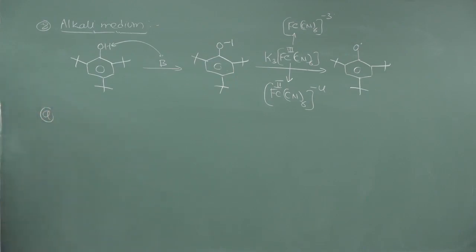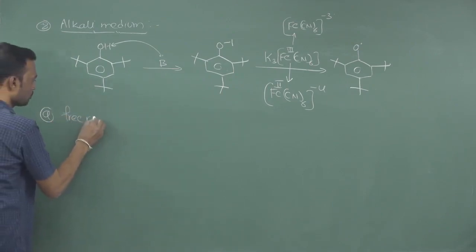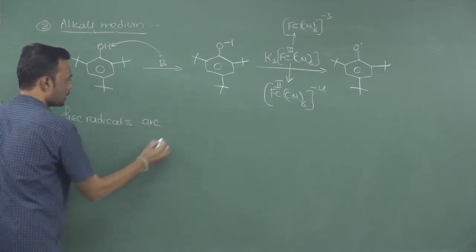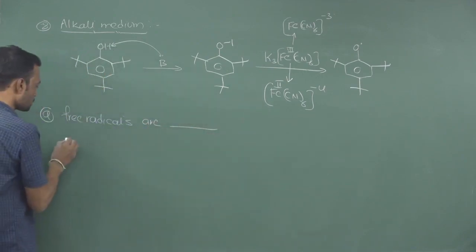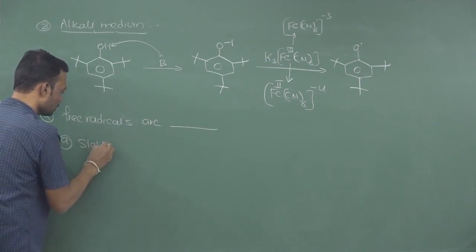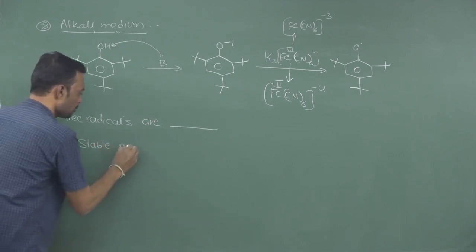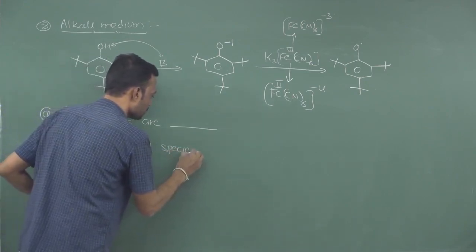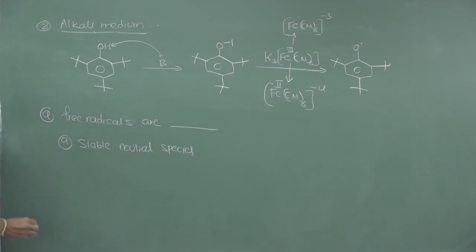So take one question. Free radicals are dash. Stable neutral species.